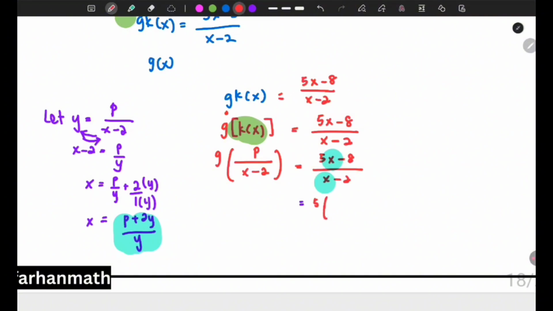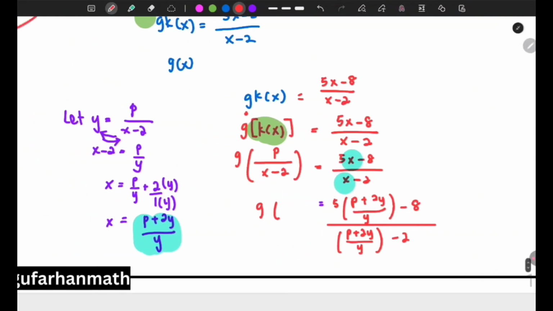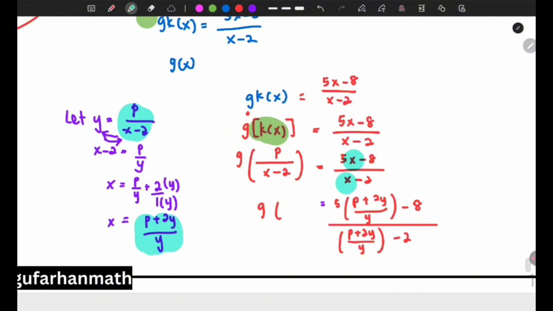So replace p plus 2y over y minus 8 over p plus 2y over y minus 2. And here the px minus 2 is actually you already let equals to y. So instead of writing the long thing, you just need to write y.